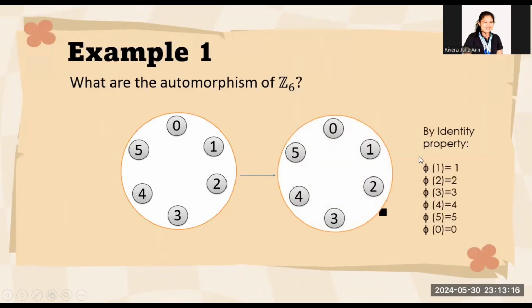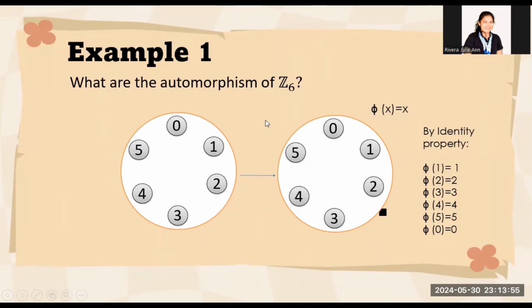By the identity property, 1 maps to 1, 2 maps to 2, 3 maps to 3, 4 maps to 4, 5 maps to 5, and 0 maps to 0. That's it by the identity property, and we can say that the function f of x is equal to x.